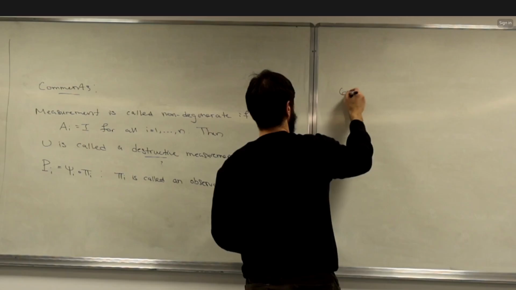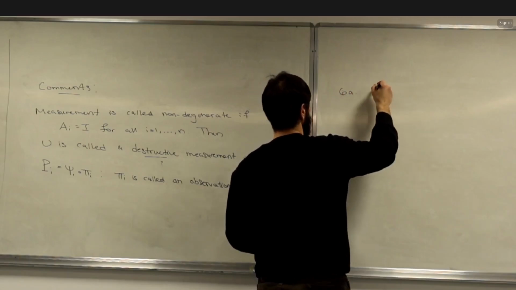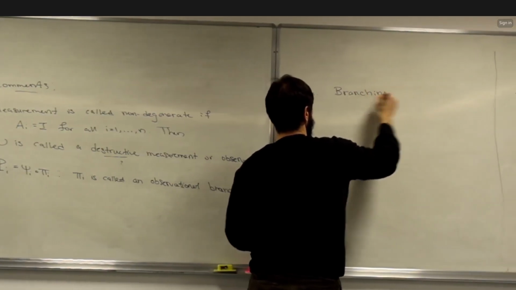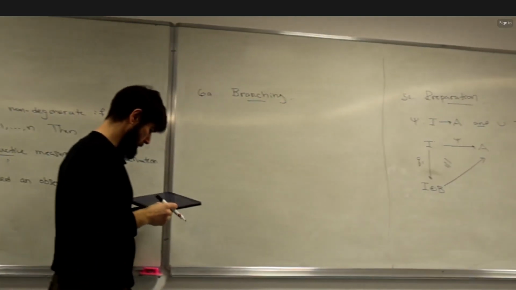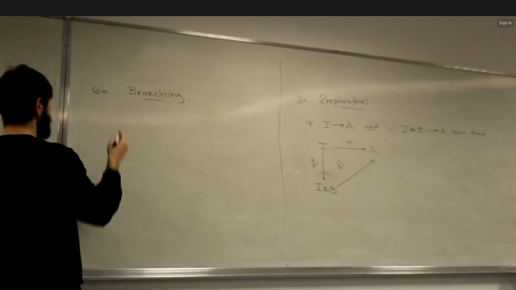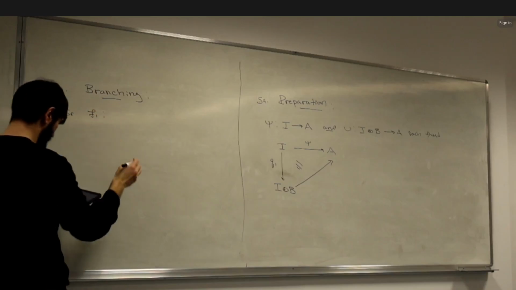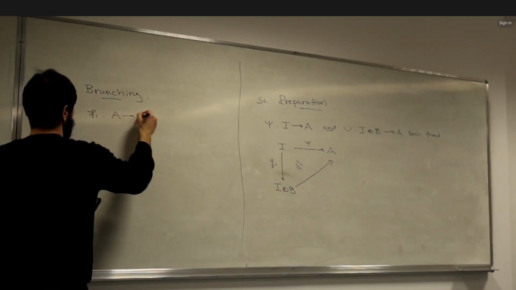Okay, so 6a, I will call this branching for lack of a better term. So this is the following idea. For F1 going from A to C, F2 from B to D, we want something like the following to hold. And this is what I discussed before.